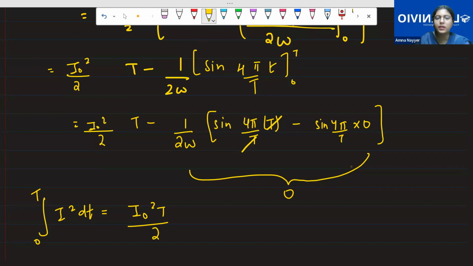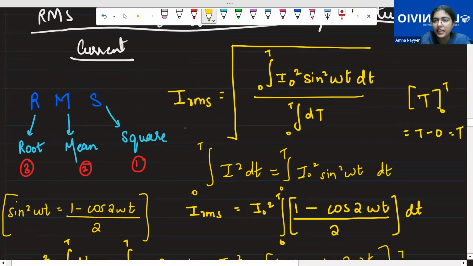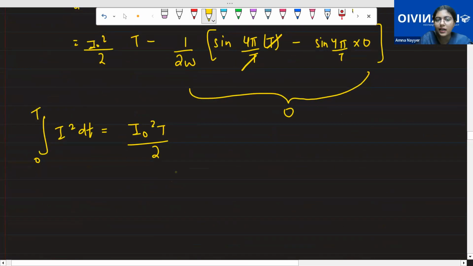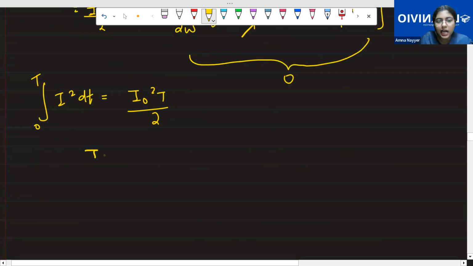Yes, ma'am. So you are just left with I naught square by 2 into capital T. We were just solving this inner term, no? So its value, when you derive the whole thing, will come out to be I naught square T by 2. Now for the IRMS, what did we discuss?